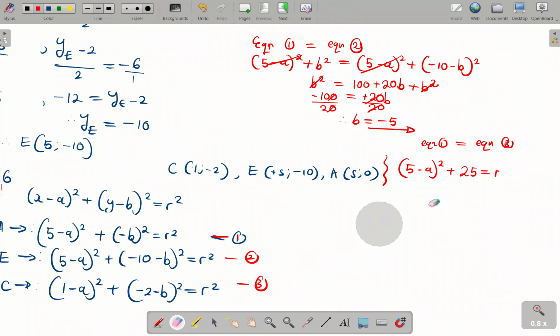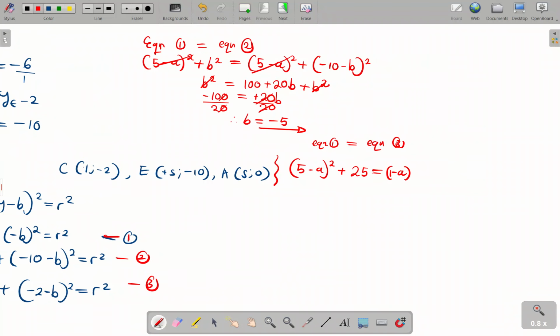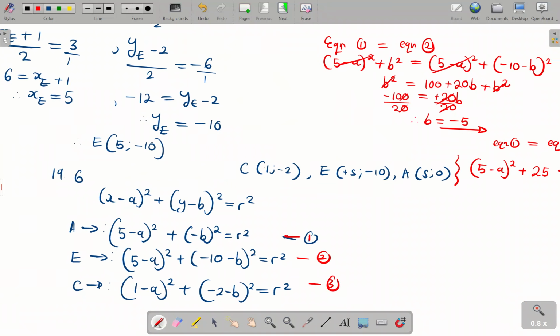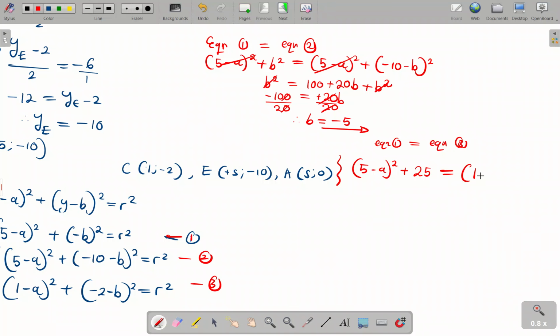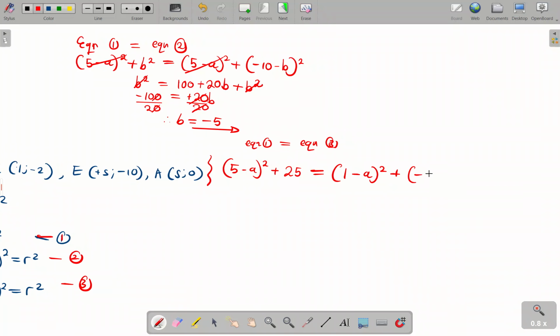Oh, I'm equating now, so it has to equal that part, the other part there. So it's equal to 1 minus a. Let's see if I don't have a space there. Right? So it's equal to 1, what was that? 1 minus a squared, plus negative 2.